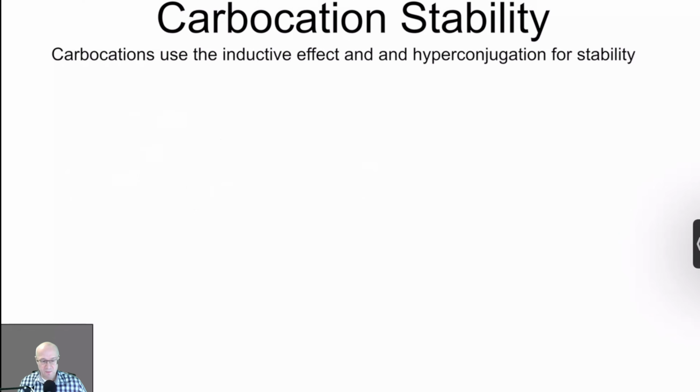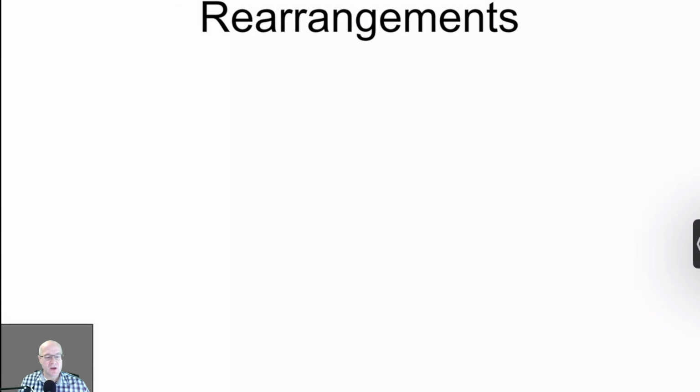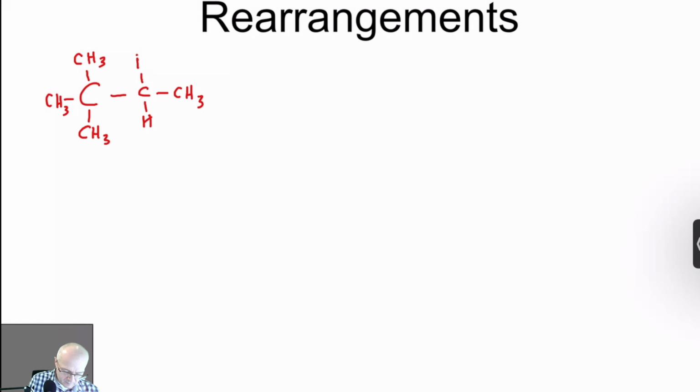Because I'm about to tell you about rearrangements. Rearrangements occur a lot in SN1 reactions because carbocations will rearrange if they can form a more stable carbocation. Let's see the most awesome example I can give you about this. So here we have a secondary halide.